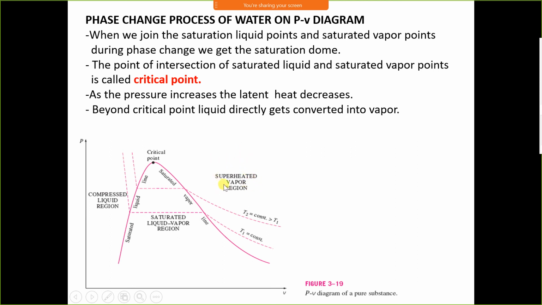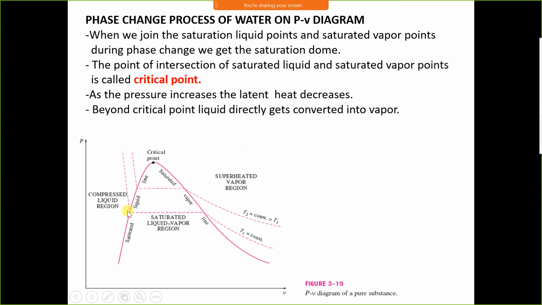Suppose we want to convert superheated vapor into liquid, we have to cool it first from superheated vapor to saturated vapor, then it will undergo phase change. Suppose we want to convert subcooled liquid into vapor, we have to raise its temperature up to the saturation temperature first, then phase change will take place.